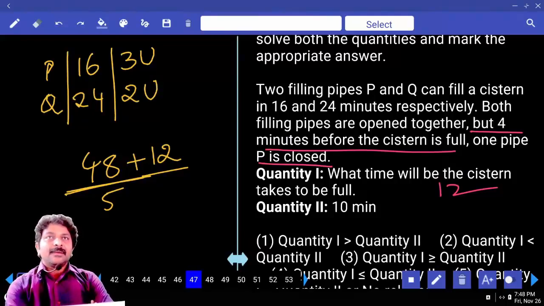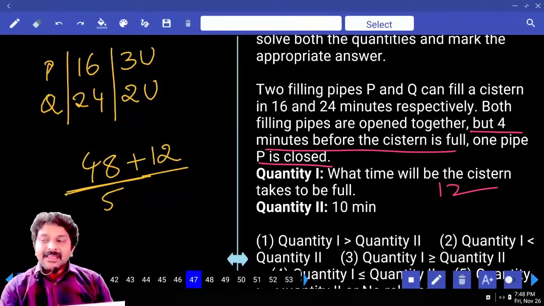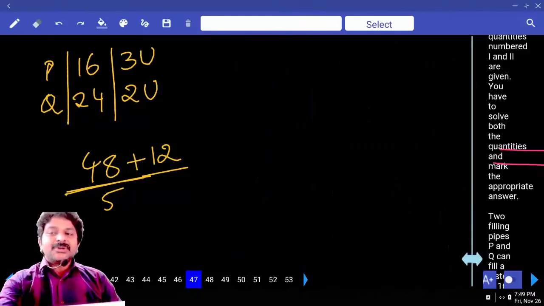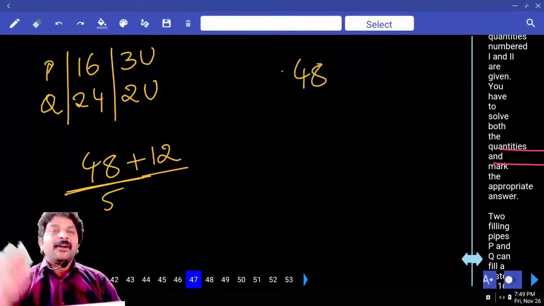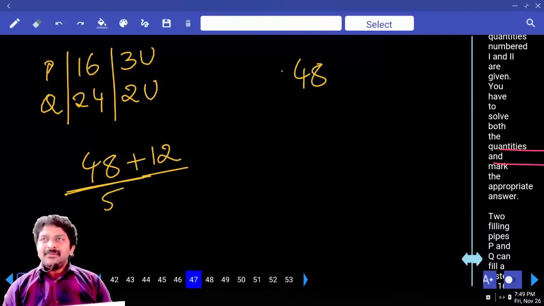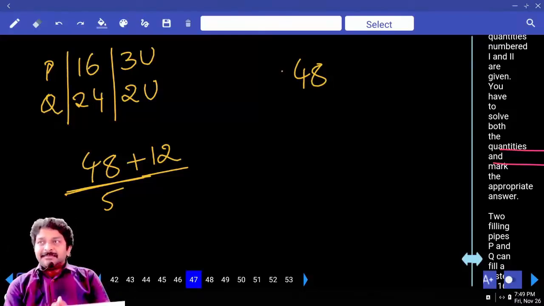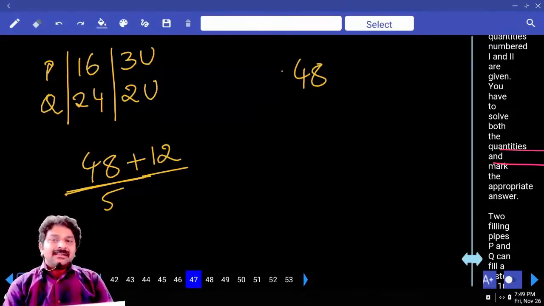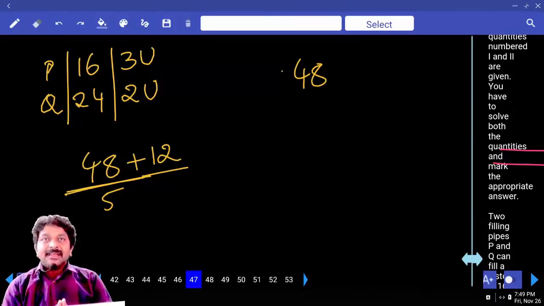షూర్, కమాన్. ఇప్పుడు దీన్నే ఇంకోలా కూడా చెప్తా. What is total work? 48. So now according to the condition, P and Q both are opened and they are open for some time. After that, P is closed. At what time is P closed?